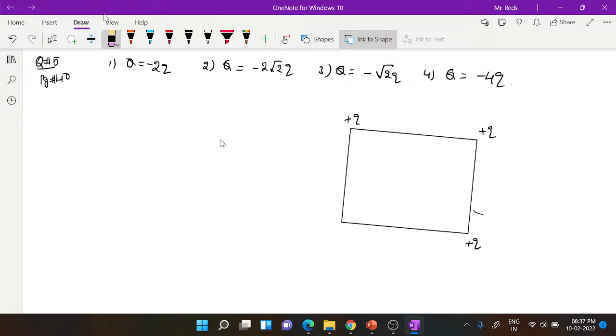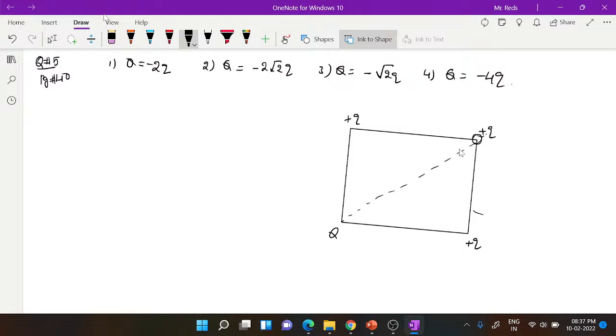Then the charge capital Q is placed at the empty corner, such that there is no net electrostatic force acting on the diagonally opposite charge. So this is the diagonally opposite charge, right? So net force on this is zero.